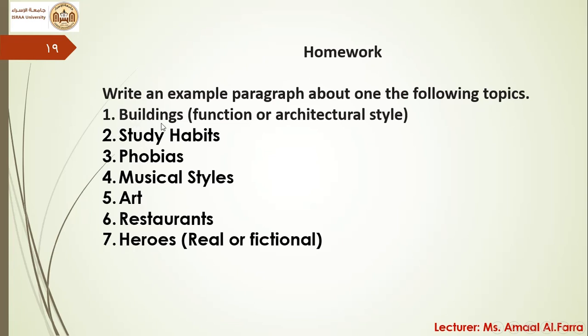For example, we have buildings, function or architectural style, study habits, phobias, musical styles, art, restaurants, heroes, real or fictional, a real hero or a fictional hero. You can choose one topic and try to make an outline as we saw before in the previous slides. Then from that outline you can write your example paragraph.